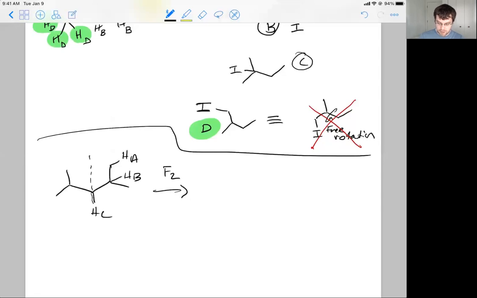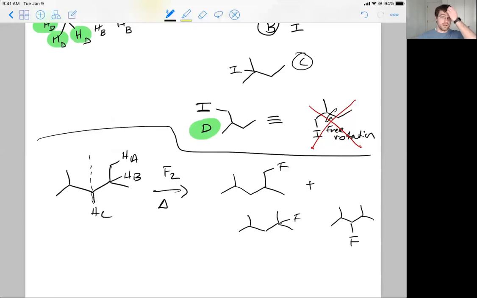So fluorine, and we'll just use heat maybe. We could replace HA, and we could replace HB, and we could replace HC, but anything else would become a duplicate structure. And so again, that's the challenge here, is to look at various examples.